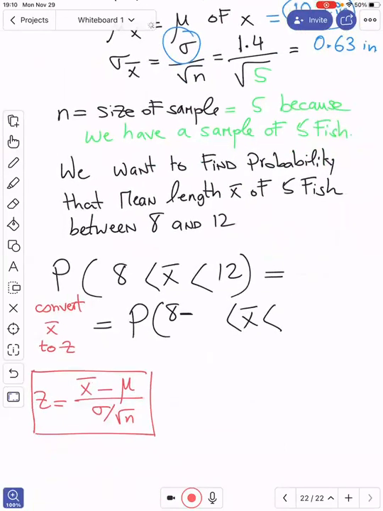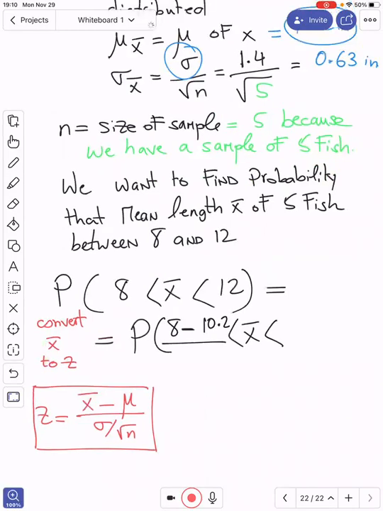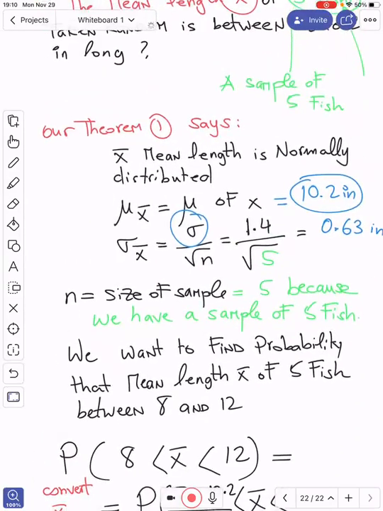So it's 8 minus 10.2 over, now it's not divided by sigma, it's divided by sigma over square root of n. That's the standard deviation of the X bar distribution, which is actually 0.63, right? So we need to divide by 0.63.